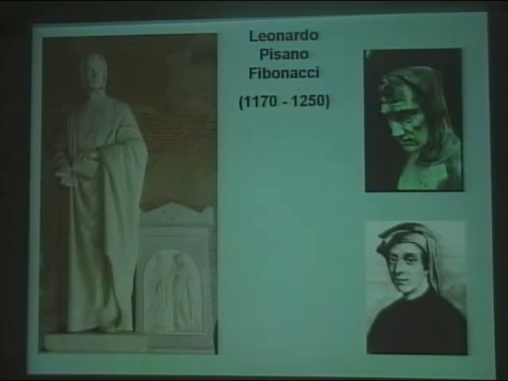Fibonacci wrote a book in which he introduced what we call Arabic numerals. I say we call because they were not actually Arabic at all. Arabic numerals come from India. They're really Hindu numerals. The Arabs learned them from the Indians, and Fibonacci learned them from the Arabs.